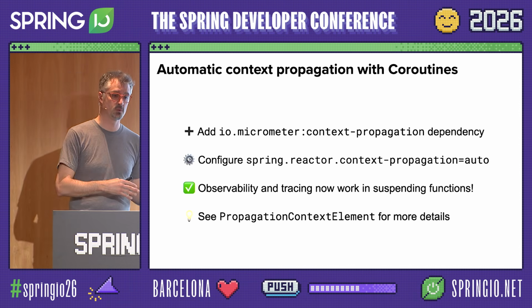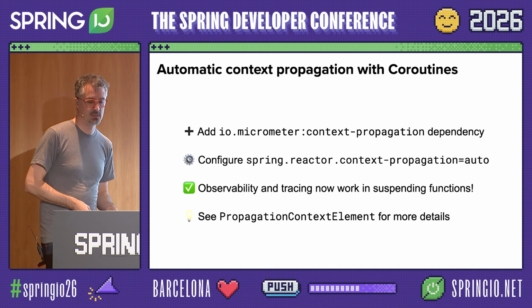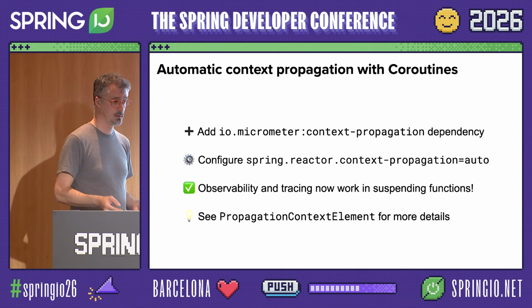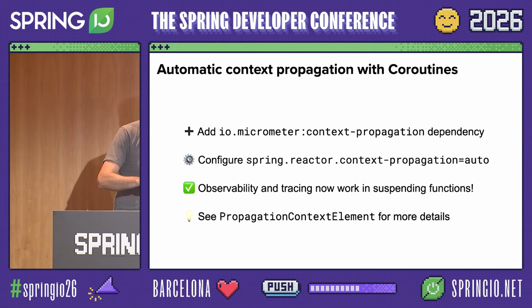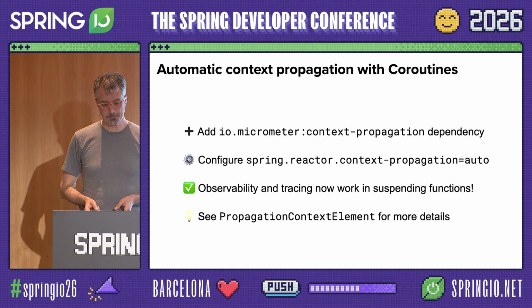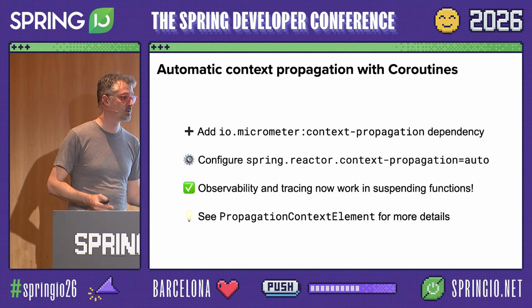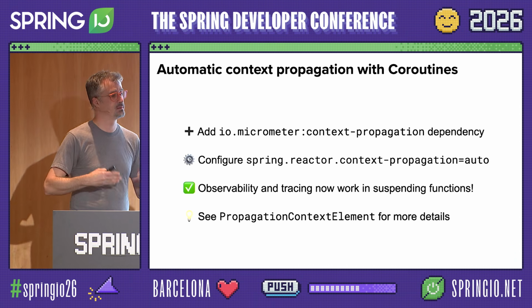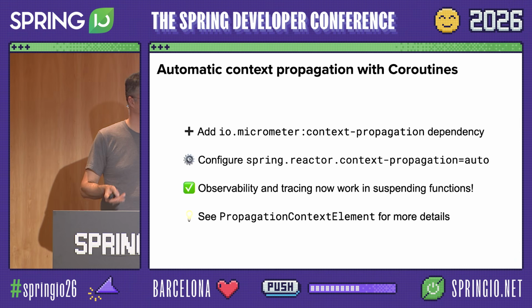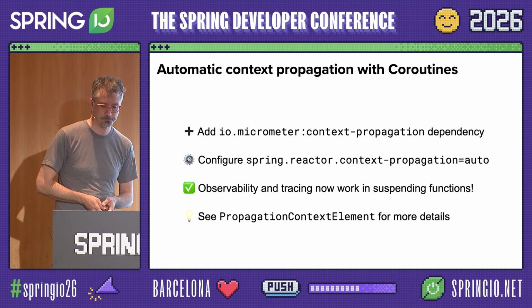This is what we use to copy to the coroutine context the thread locals or the Reactor stuff that is needed to make that work. But yeah, it should be good. The Kotlin team and the Micrometer team are collaborating to refine the Kotlin support, so I think more improvements are going to come in the future.